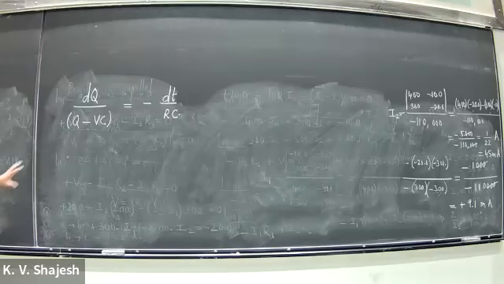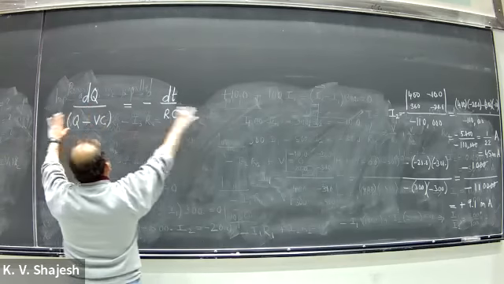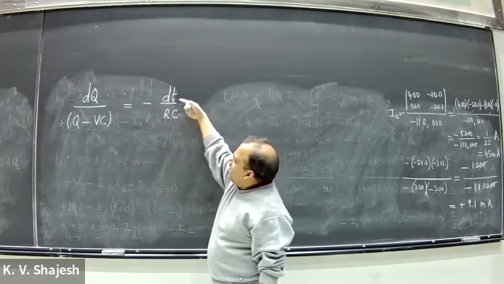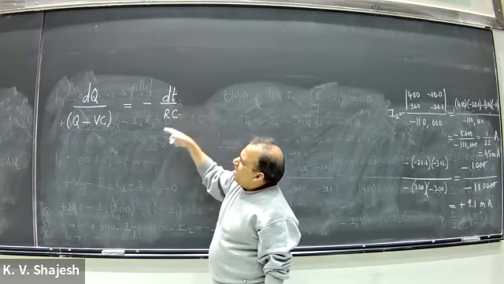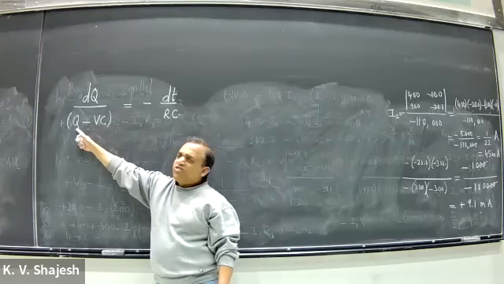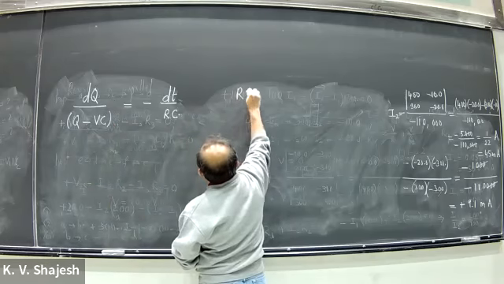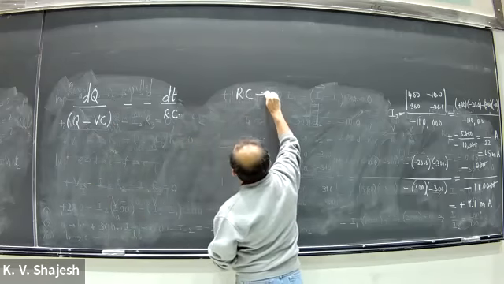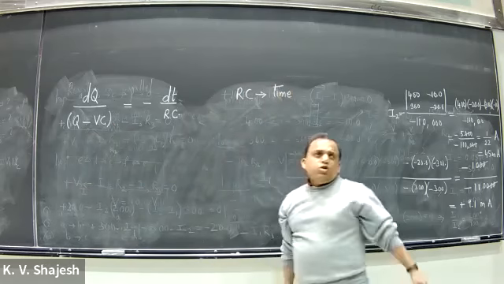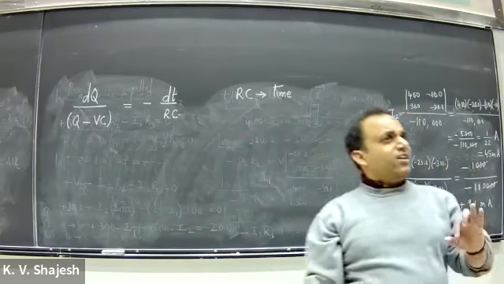That's your equation. You have separated your two variables, the charge and time, and you immediately notice that dimensionally speaking, RC should have the dimension of time. So a resistance times a capacitance is a time.